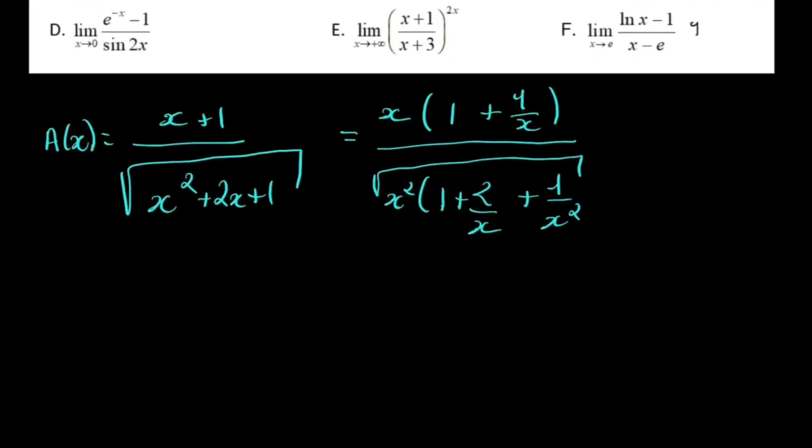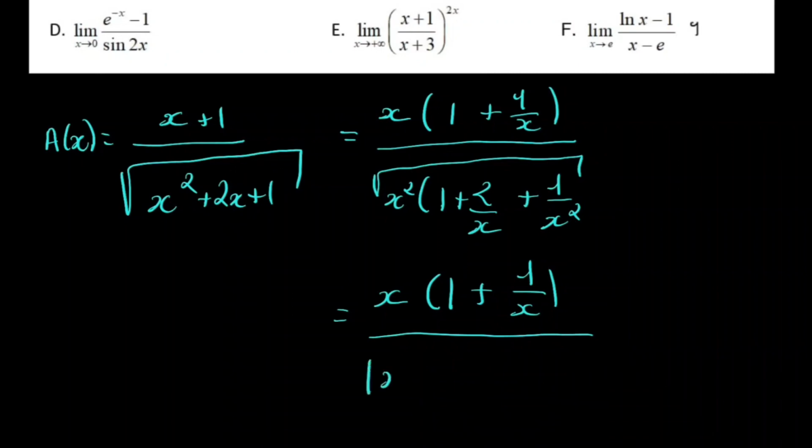Okay, now we can put the x squared to the square root outside. Sorry, not x, because square root of x squared is equal to absolute value of x.